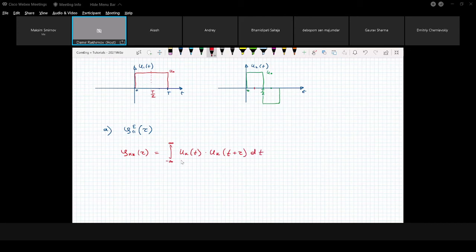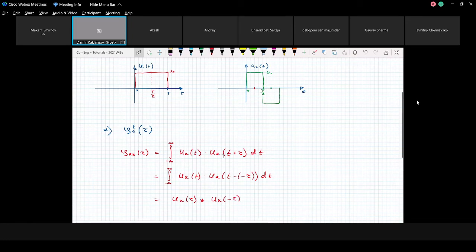And it can be written as the integral from minus infinity to infinity of uk of t times uk of t minus tau, because we write it as a convolution integral, dt. And it is nothing else but the convolution between the signal uk of tau and this signal uk of minus tau.